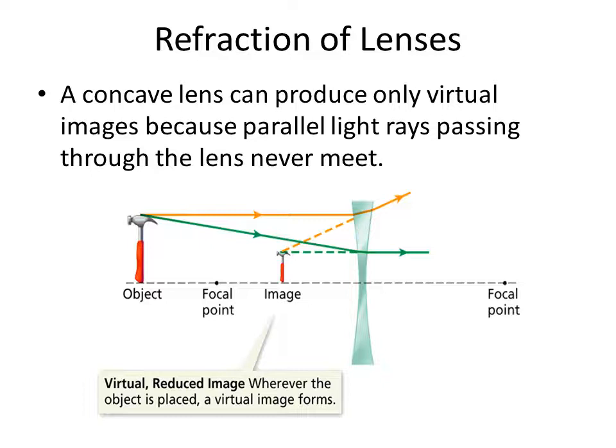So wherever the object is placed, a virtual image forms in the case of a concave lens. So we can say that a concave lens can produce only virtual images. The reason is that parallel light rays passing through the lens never meet.